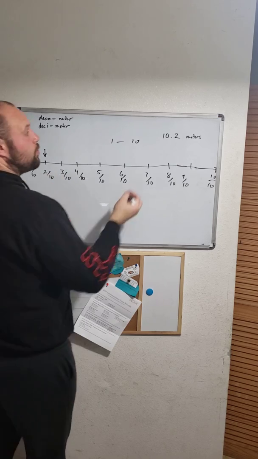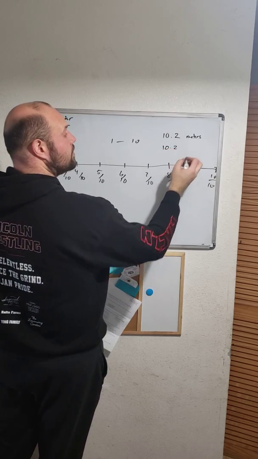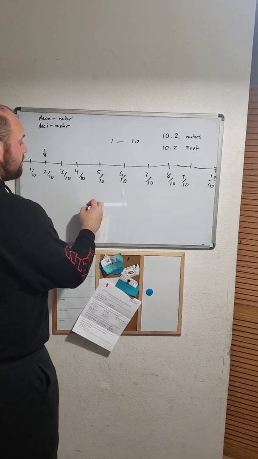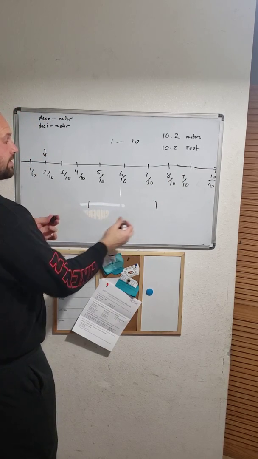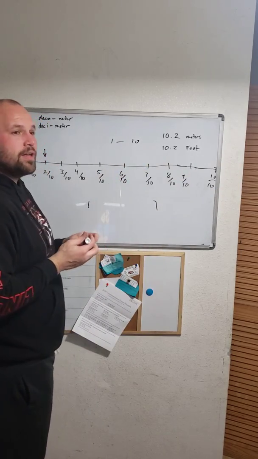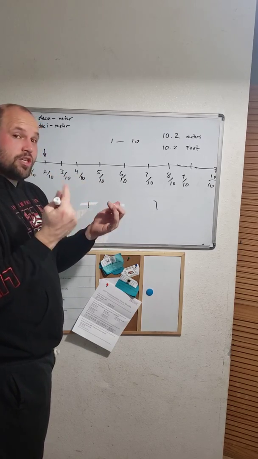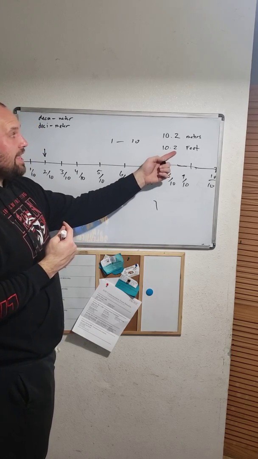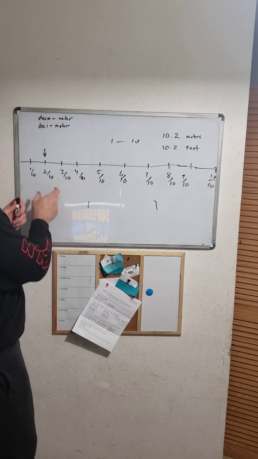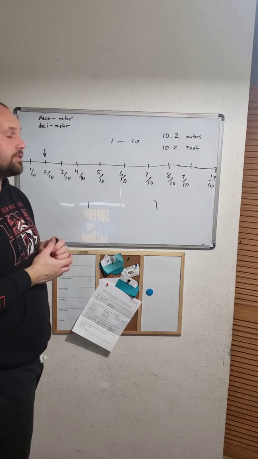If we were to do this with 10.2 feet, it'd actually be way more difficult, because we'd have, I don't know, this is about a foot, and we'd have 10 of those, but then 0.2 of a foot, because it's broken down into 12 pieces, because there's 12 inches in 1 foot, it's actually not the same. It doesn't work the same. We wouldn't get 2 inches like we get 2/10 of a meter or 2 decimeters.